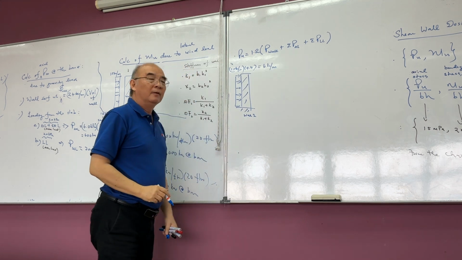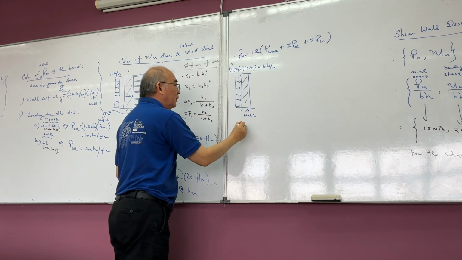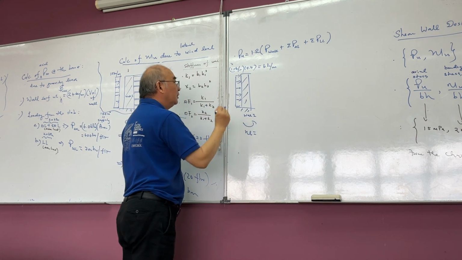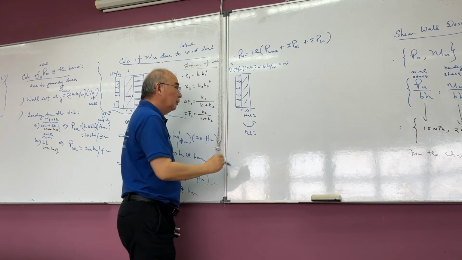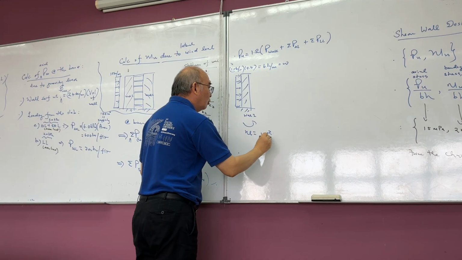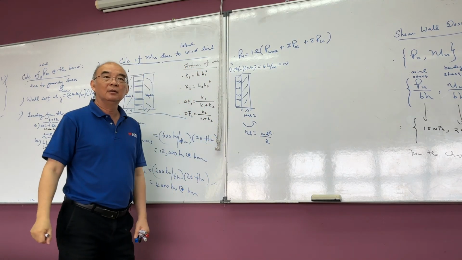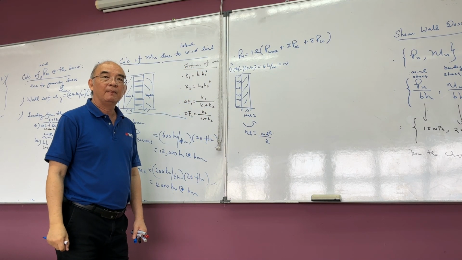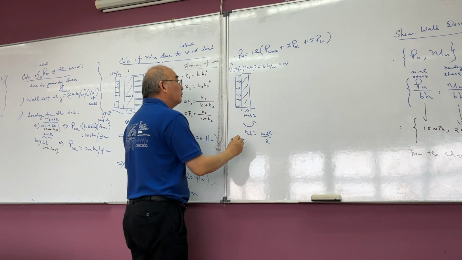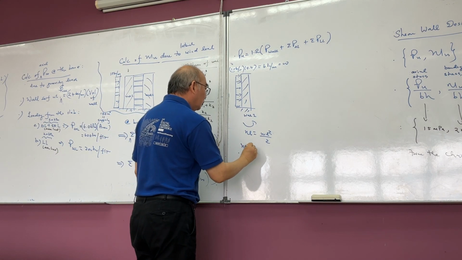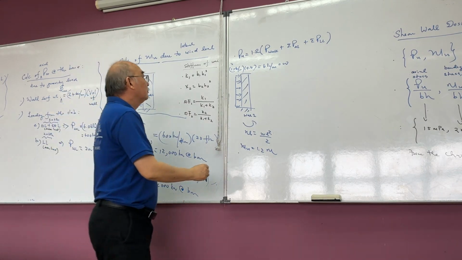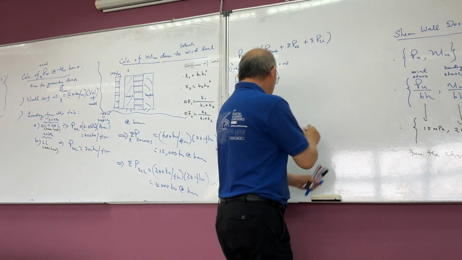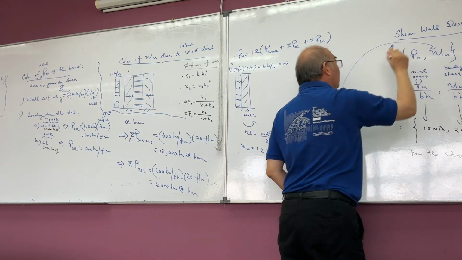Right? That means for this wall, what is the moment? Moment is equal to, let's say this is W, so it will be WL squared over 2, cantilever moment. Understand? And then MU will be equal to 1.2 times M. So that's how you got this one.